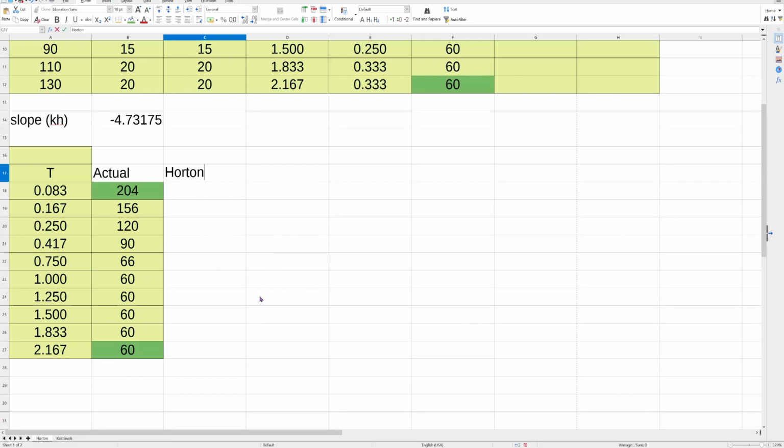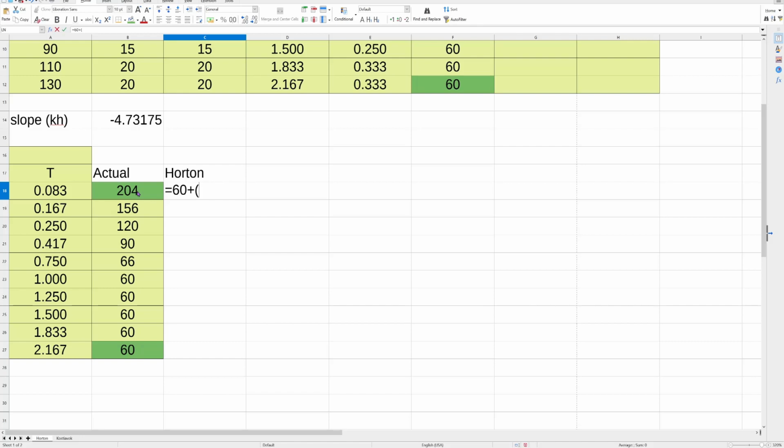So Horton's equation, as we know, is represented by f of t is equal to fc plus (f naught minus fc) times exponent raised to minus kh times t. So let's try to do that. Is equal to 60, because 60 is the fc, okay, plus bracket open, then f naught, right?